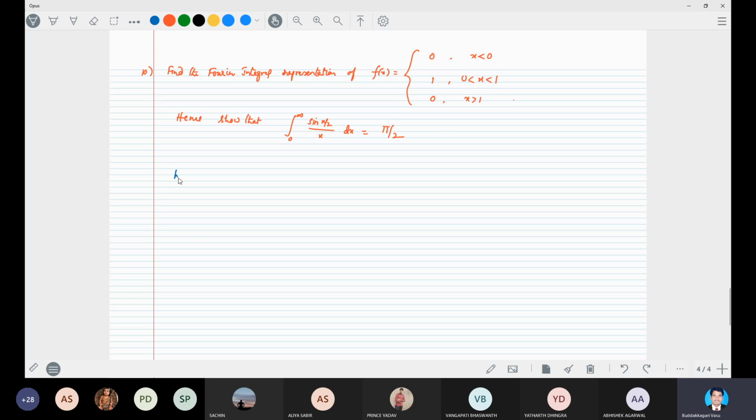So we know that we have the Fourier integral. f(x) is equal to, what is the Fourier integral? 1 by pi integral 0 to infinity of a(omega) cos omega x plus b(omega) sin omega x into d omega.